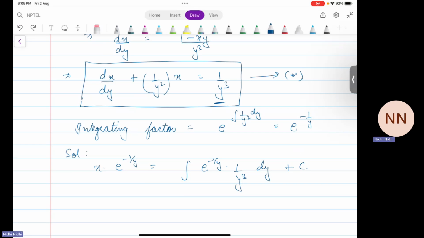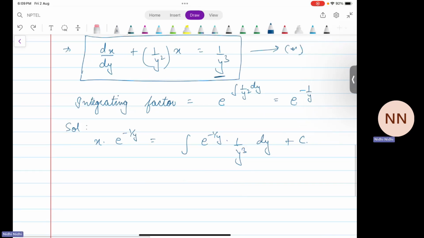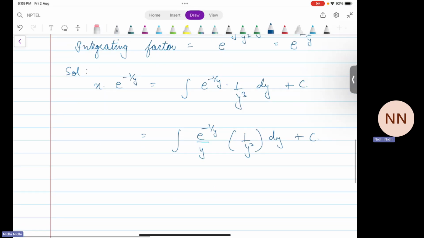So to integrate it, we'll write it in a proper way. 1 upon y by y square, by y times 1 by y square dy plus c. Now we'll integrate it by substitution method. Let t is equal to 1 by y.